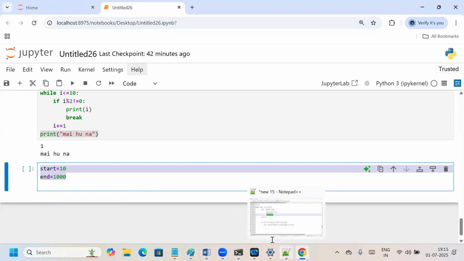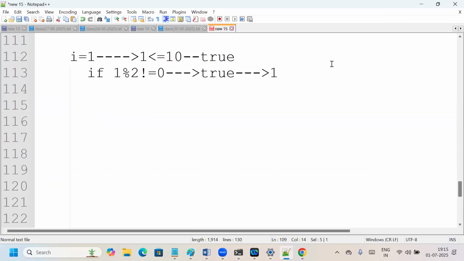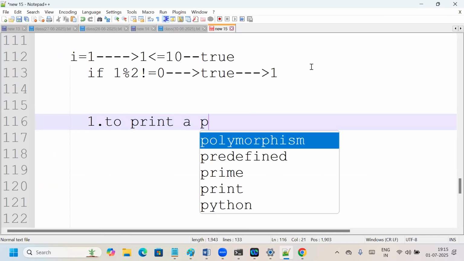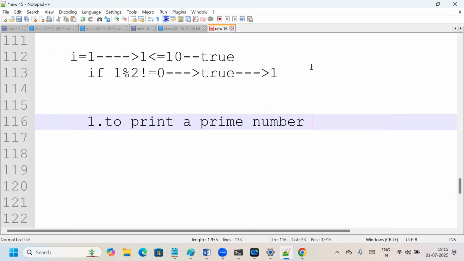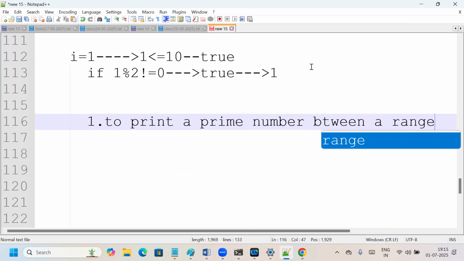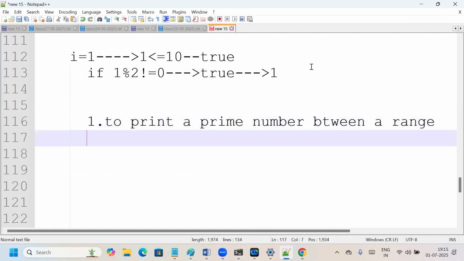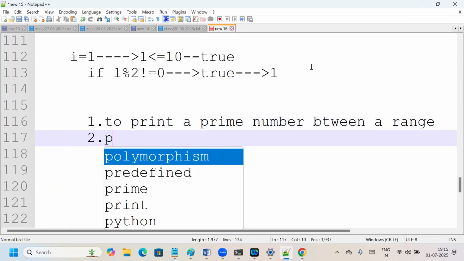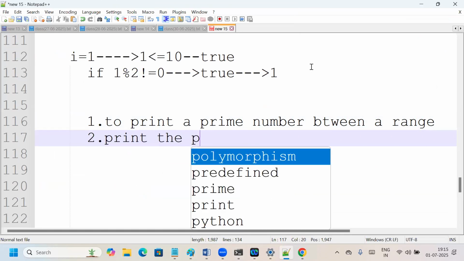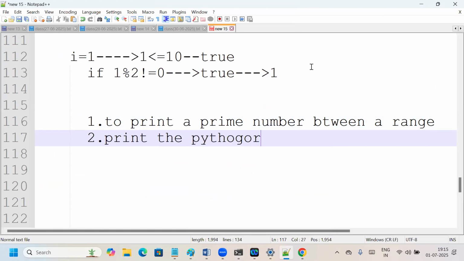Let me give you guys one more question. है ना? First question, you try this question. First question is to print a prime number between a range, correct? Specific range, low and high. Second thing, you print the Pythagoras triplet between specific range.